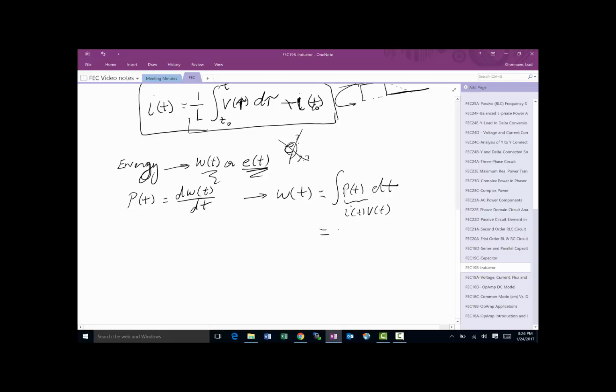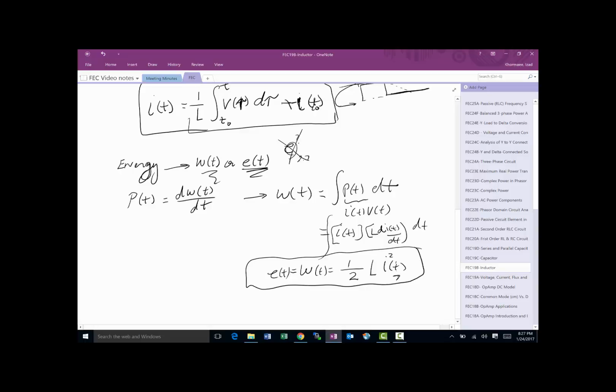We can rewrite this as i(t), and then the v we can write as L di/dt, and the whole thing is an integral with respect to time. If we clean this up, we'll find out this is simply 1/2 L i(t) squared. So that's nice to remember, that the energy stored in an inductor, or work in this inductor, at a given point in time is simply 1/2 L i squared.